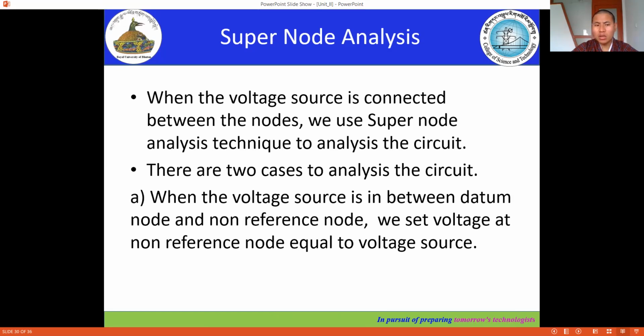Similar to this one, in the super node, the voltage source is in between the datum node and a non-reference node. For this one, our solution is very simple. We simply set the voltage at the non-reference node equal to the voltage source.